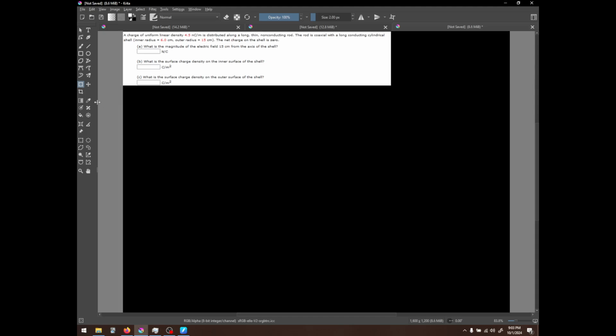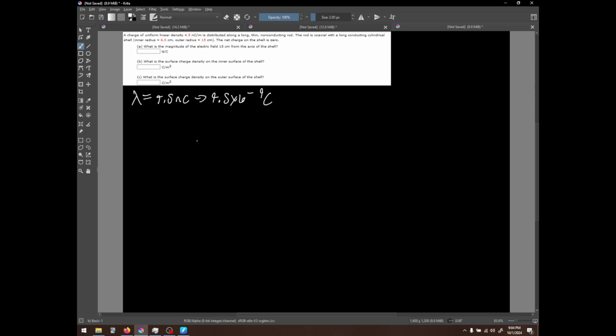Charge, linear density. Okay. We can start writing. Whoa, too far. Linear density 4.5 nanocoulombs, which becomes 4.5 times 10 to the negative 9th coulomb. Over a rod.